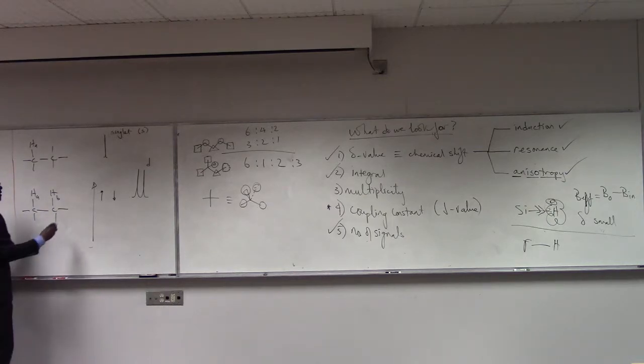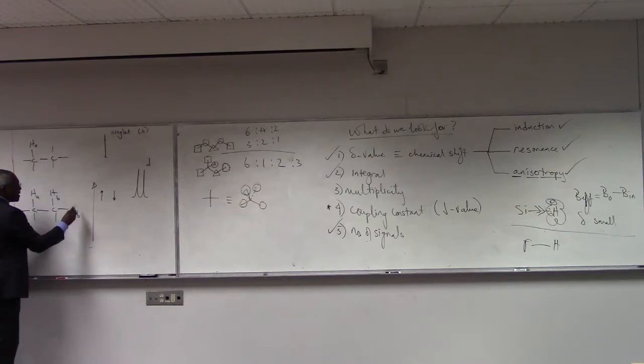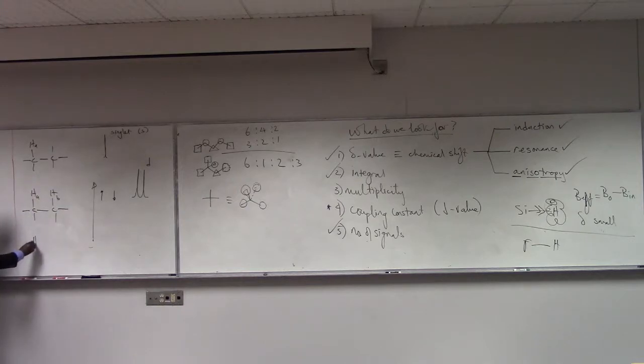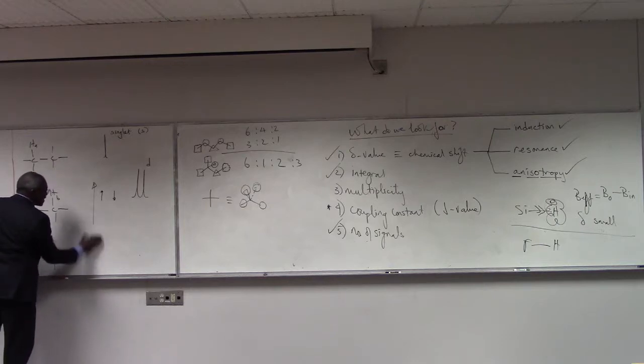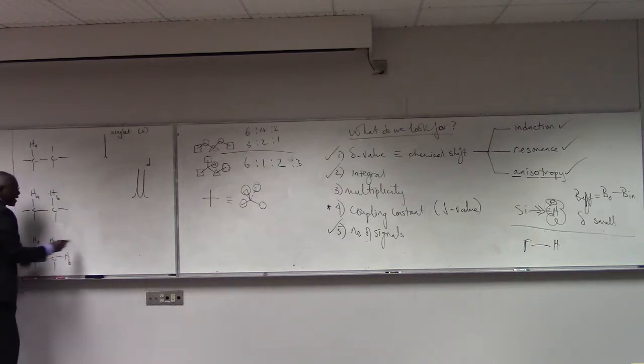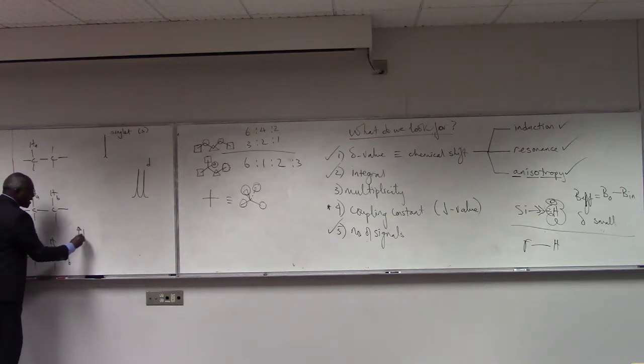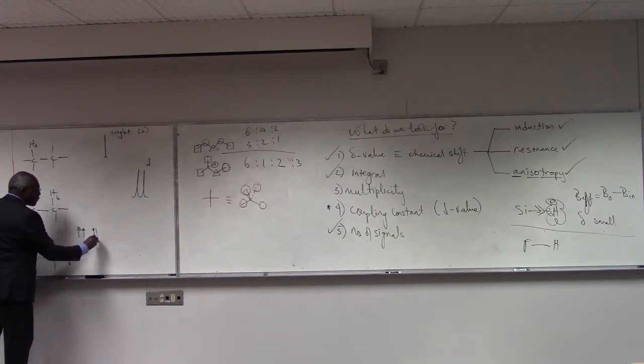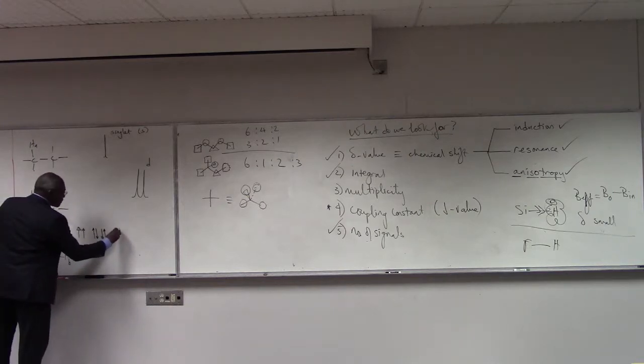Well, what happens if I now have two HBs on the adjacent carbon? Well, what are my possibilities for the states? Either they can both be aligned with the field, one can be up and one can be down, one can be down and one can be up, or they're both down.